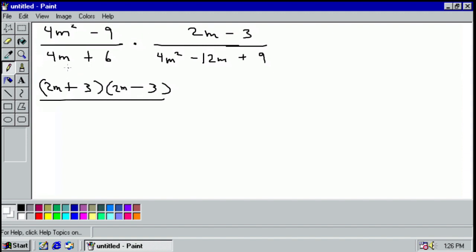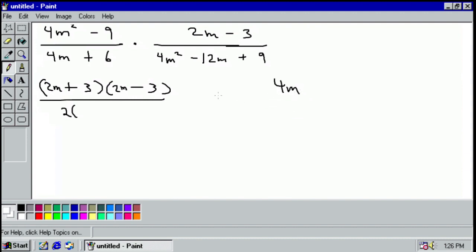Now on the bottom part, we can factor the GCF. Our GCF here is 2, since both of these are divisible by 2. Now we have 4m divided by 2, so 4 divided by 2 is 2.